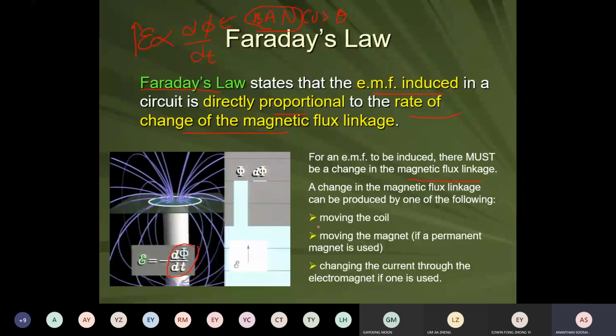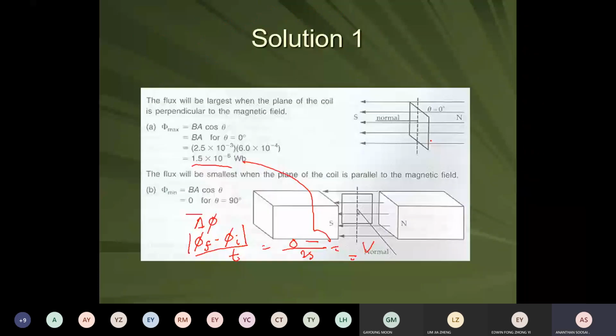The first way to change the flux is moving the coil. Let's say you have the turning coil just now. If you turn the coil, the flux will change, right?